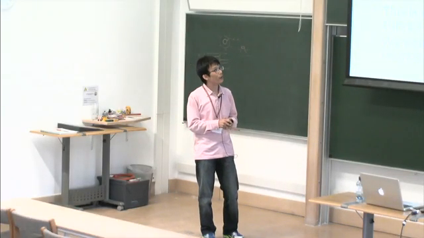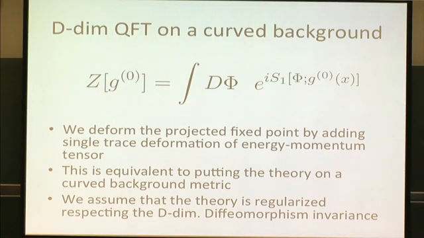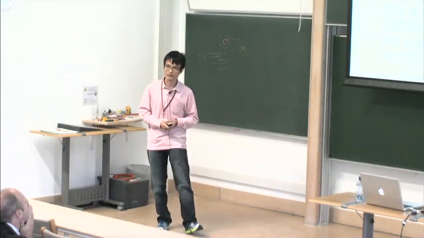And then this S1 is the single trace action. Okay, and then the partition function is of course a functional of this metric. And I'm assuming that there is some regularization scheme that respects the d-dimensional diffeomorphism invariance. In other words, I'm assuming that this partition function has the Ward identity associated with the d-dimensional coordinate transformation.